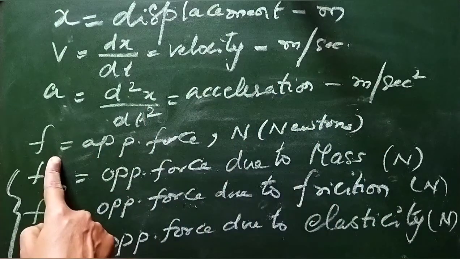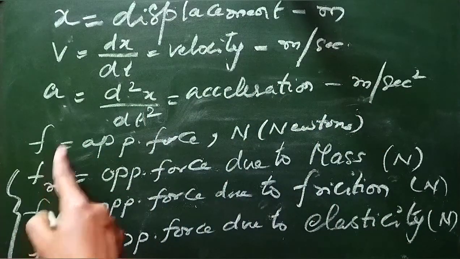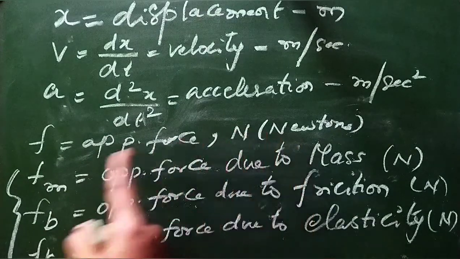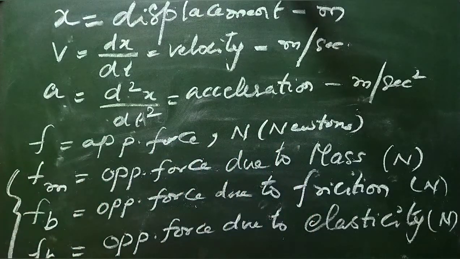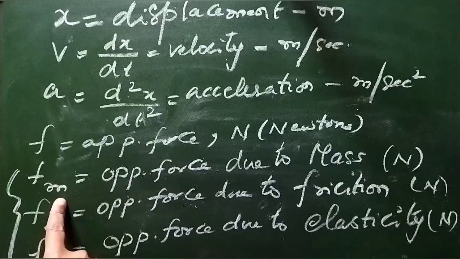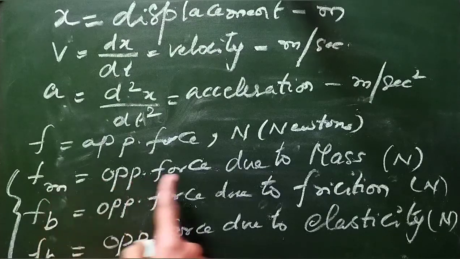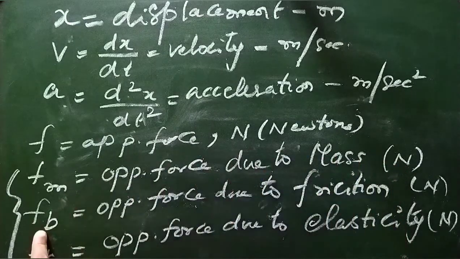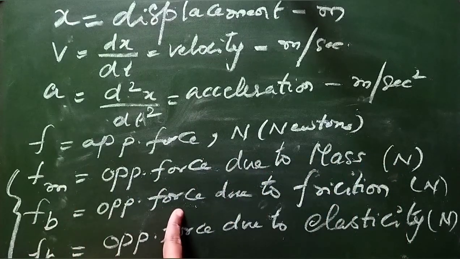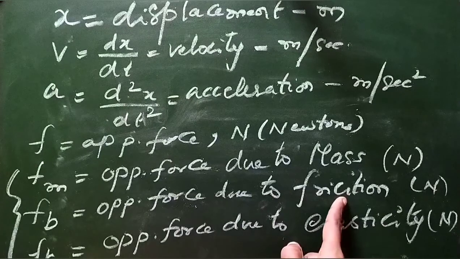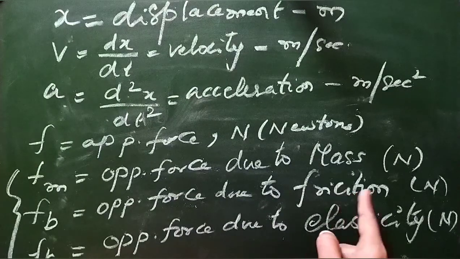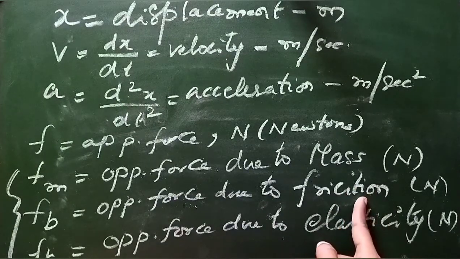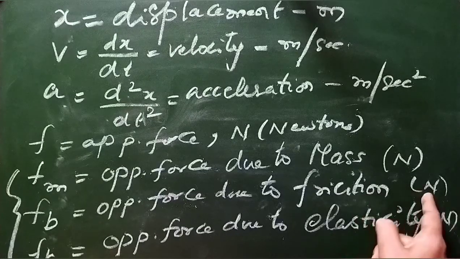Now we have applied force F, say, that is in newtons, and due to the characterizing elements of that system, the very first opposing force is Fm, that is opposing force due to mass in newtons, and then we have Fb, that is the opposing force due to friction or viscous friction, you call it due to friction due to damping force in newtons.